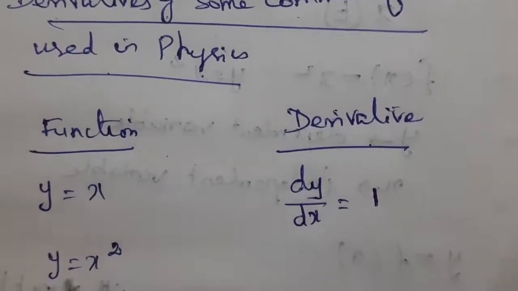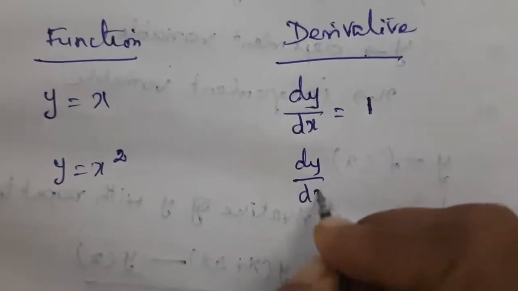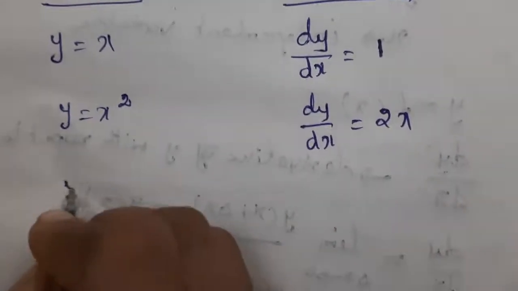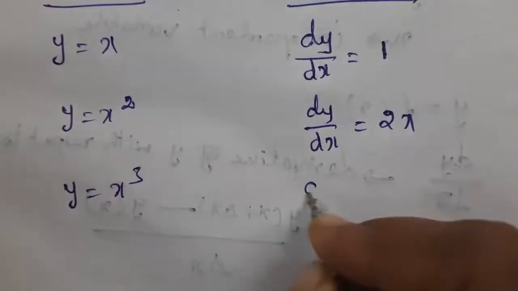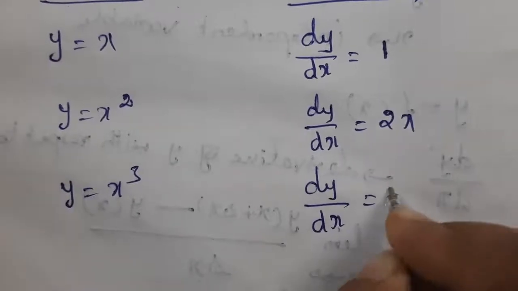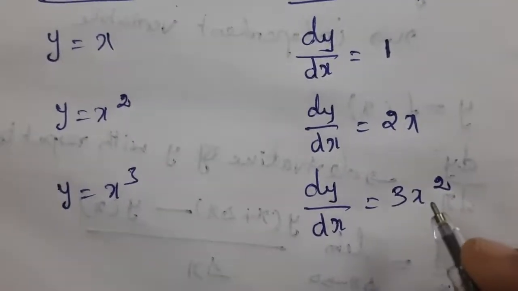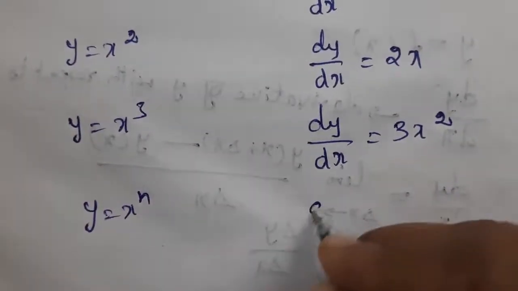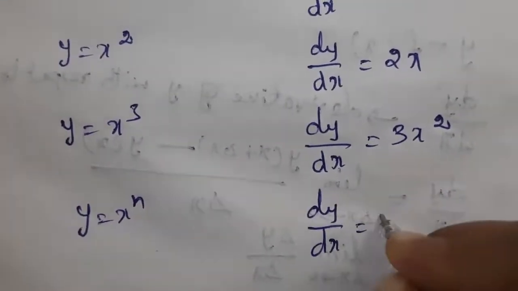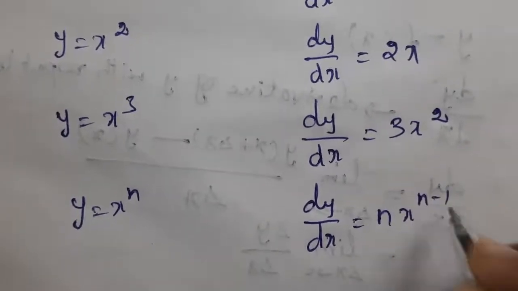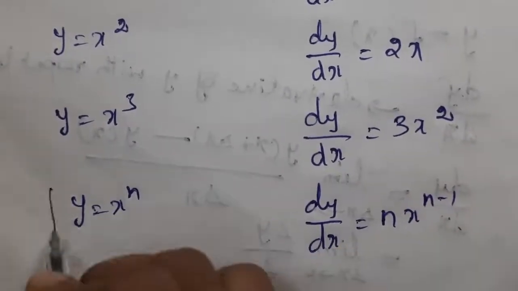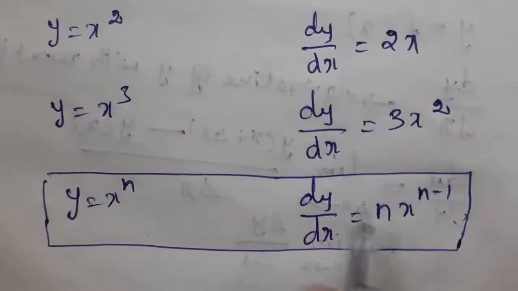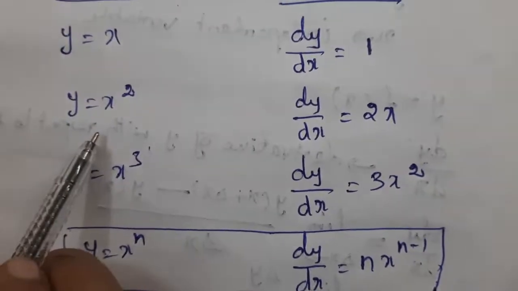Y equal to x square means dy by dx is equal to 2x. Y equal to x cube means dy by dx is equal to 3x square. Y equal to x power n means dy by dx is equal to n into x power n minus 1. This is a very important formula. By this formula only we will get these functions and all.